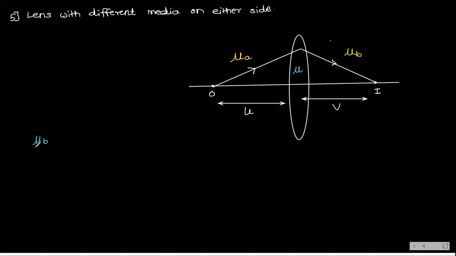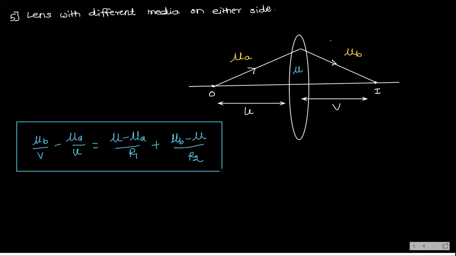Formula will be mu B by phi minus mu A by u is equal to mu minus mu A divided by R1 plus mu B minus mu divided by R2. This formula we will use for the case if the lens is surrounded with two different media on either side.